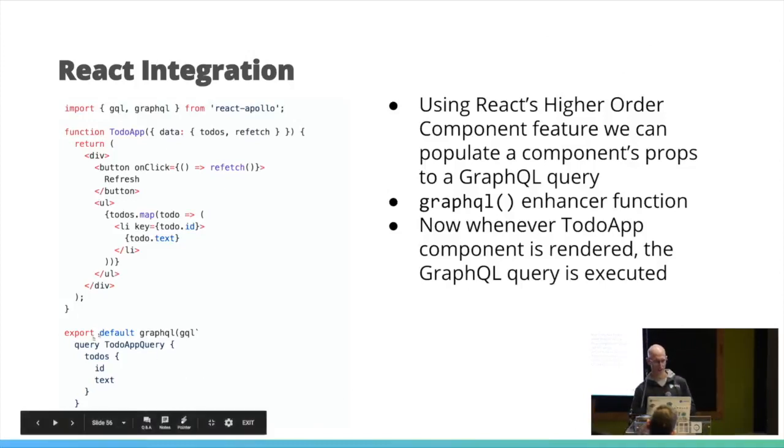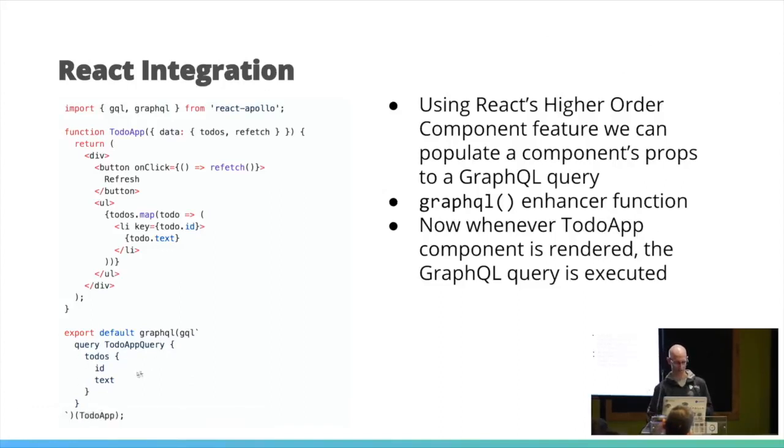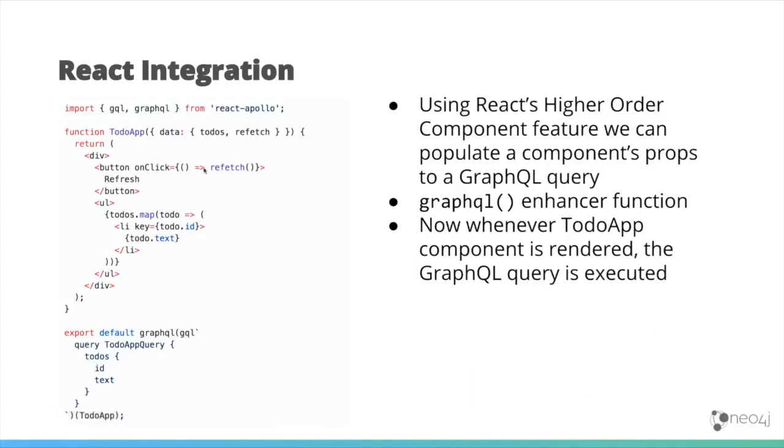We're saying I want to execute this GraphQL query, and then it will automatically bind the results back to whatever we put in here, which in this case is to-do app. The result of running that GraphQL query comes back in up here, and then we can render the to-do widget appropriately. So we'll have a quick look at how that works with our movie code sandbox here.